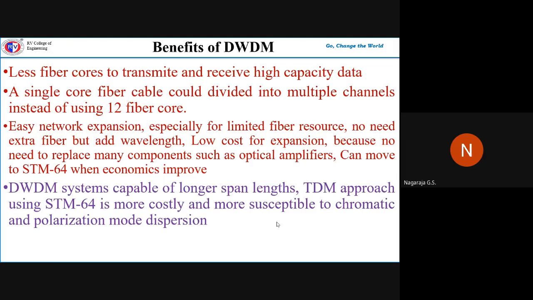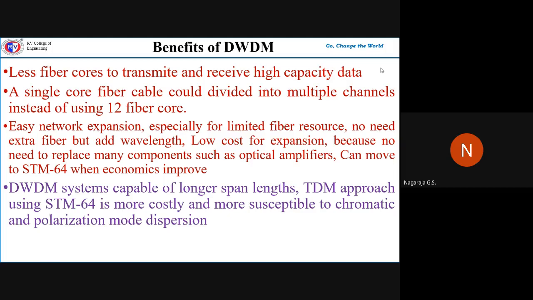Having said the applications, you need to think about the benefits of WDM. It uses fewer fiber cores to transmit and receive. There is high capacity data. That holds good for both WDM and DWDM.